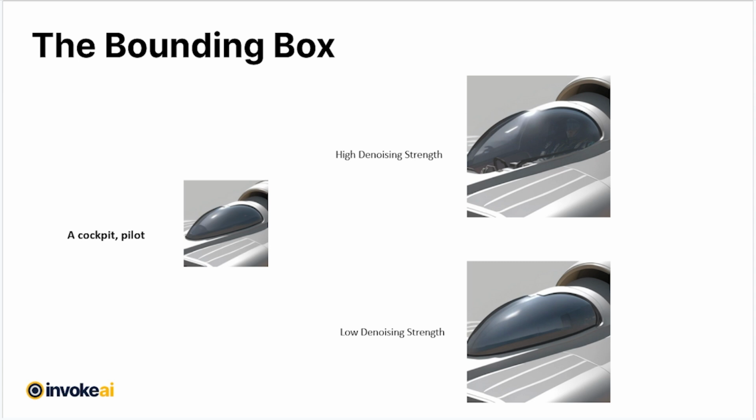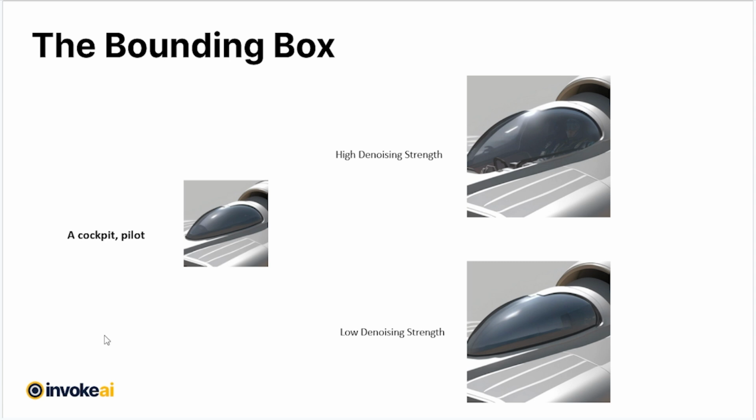What we want to see is a cockpit and a pilot maybe. And at high denoising strengths, again, we actually are able to get very close to this. And we even see the hint of a pilot inside of the ship, which is really, really cool and very nice detail. The high denoising strength gives us that flexibility where we can see these very nice details on the cockpit, but it does require changing the prompt around in order to match what you want to see.